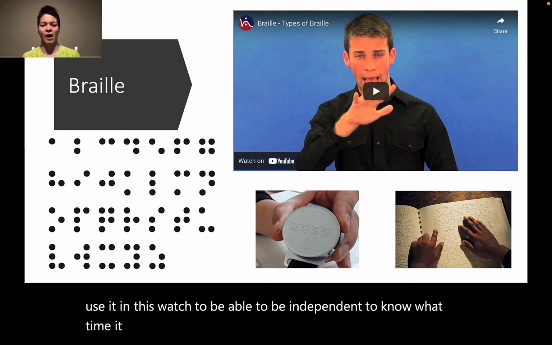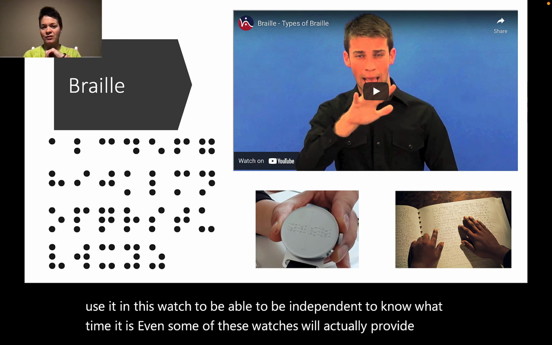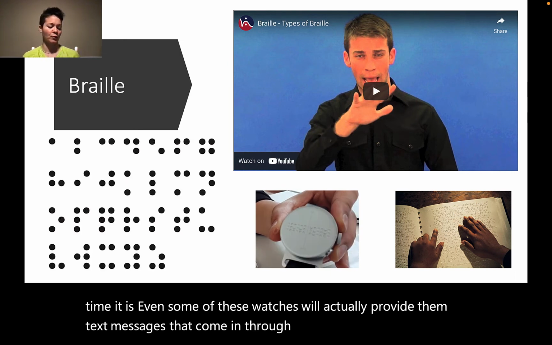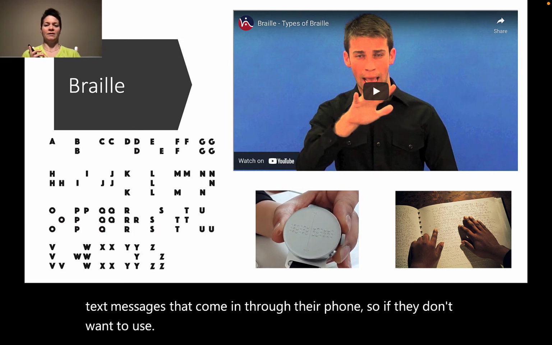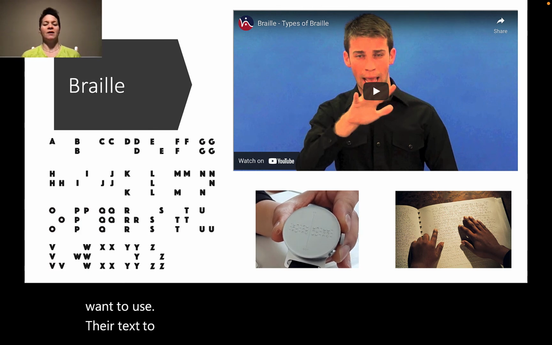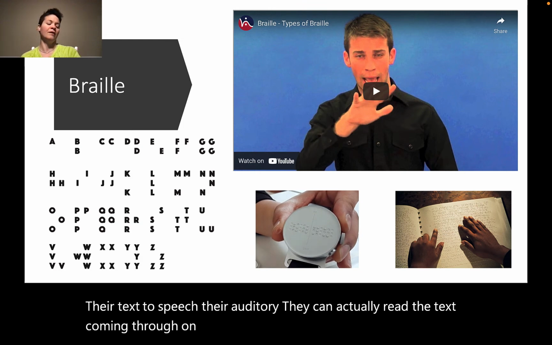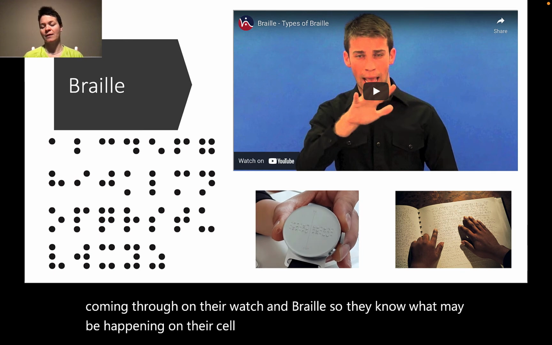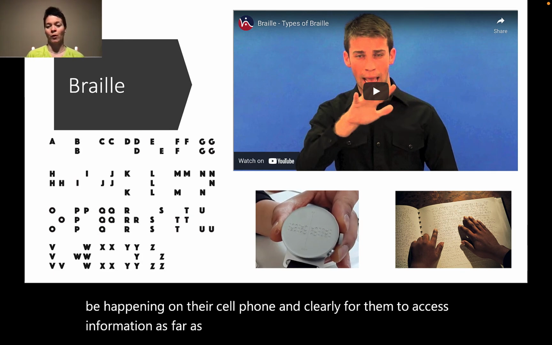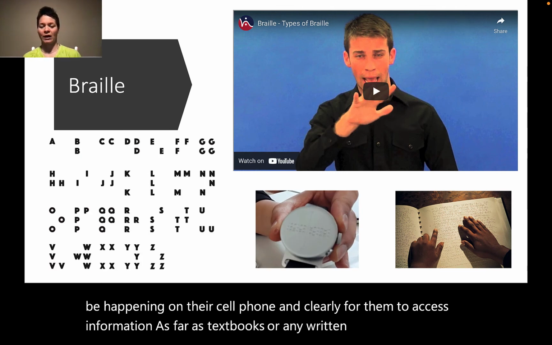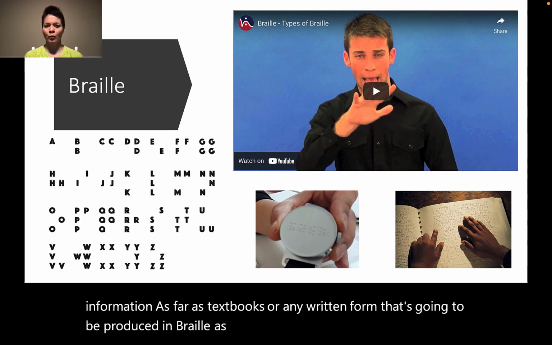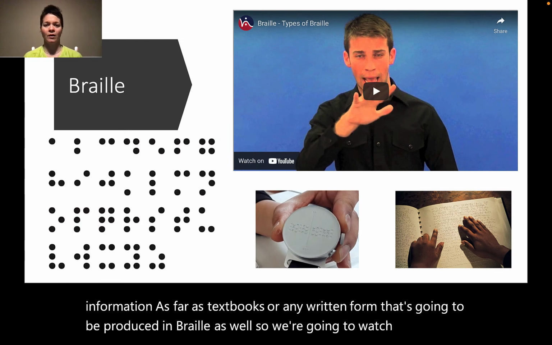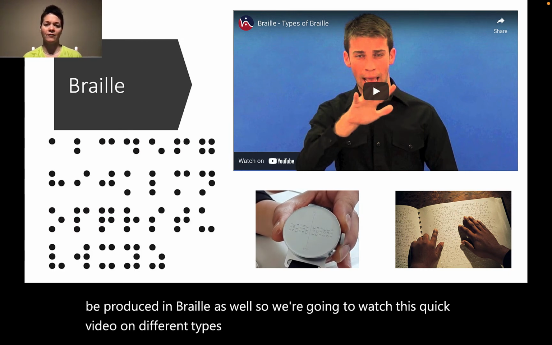Some of these watches will even provide text messages that come in through their phone. So if they don't want to use text-to-speech, they can actually read the text coming through on their watch in Braille, so they know what may be happening on their cell phone. And clearly, for them to access information such as textbooks or any written form, it's going to be produced in Braille as well. So we're going to watch this quick video on different types of Braille that are available.